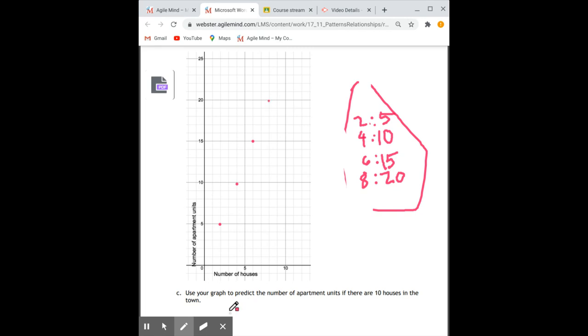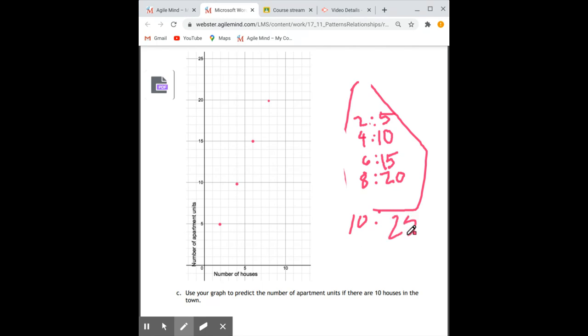Good. All right, so if we draw a perfectly straight line, we know that's straight so far, and it would pass through our origin. But it says use your graph to predict the number of apartment units if there are 10 houses in the town. So if there are 10 houses, how many apartments would there be? 25.